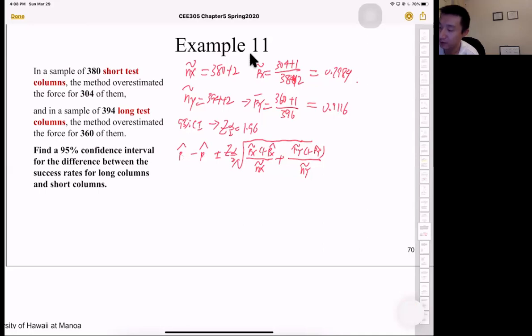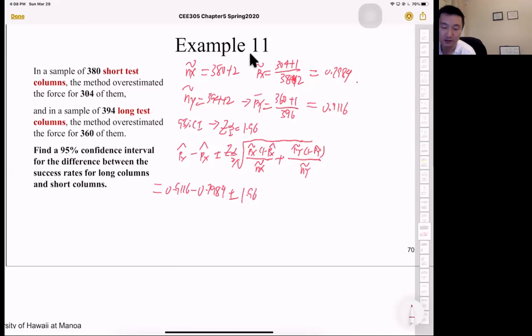This should be Py minus Px, because Py is higher and Px is smaller. So that will be equal to 0.9116 minus 0.7984 plus or minus, where z half alpha is 1.96.